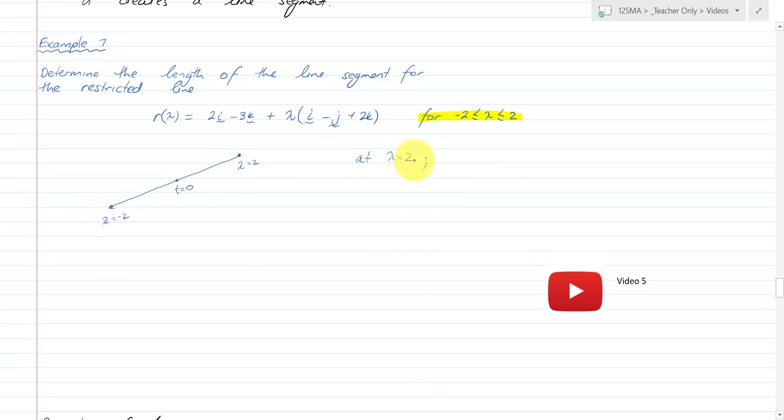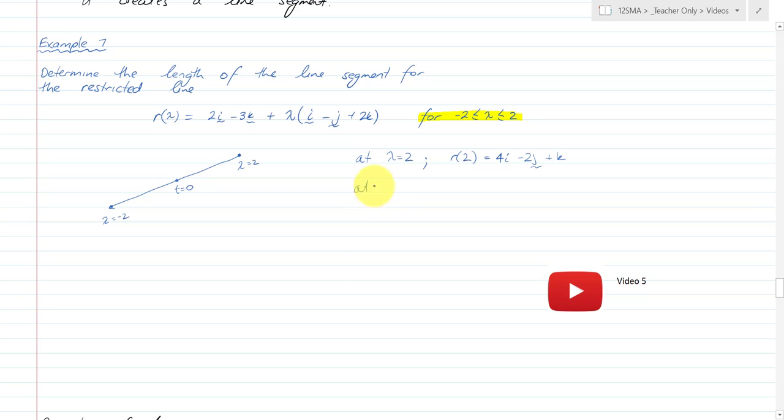At lambda equals 2, I get 2i plus 2i, so r lambda is equal to 4i. I get 0j minus 2j, so minus 2j, and then -3k plus 4k, which gives me plus k. So that's the position along the line at lambda equals 2, and I can change this to r2.